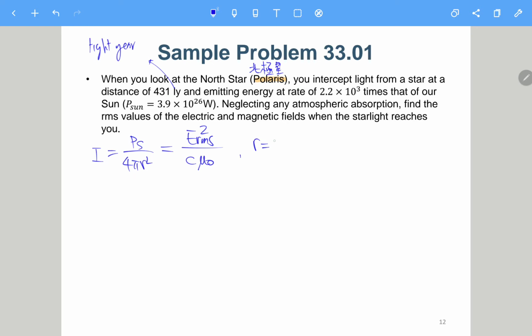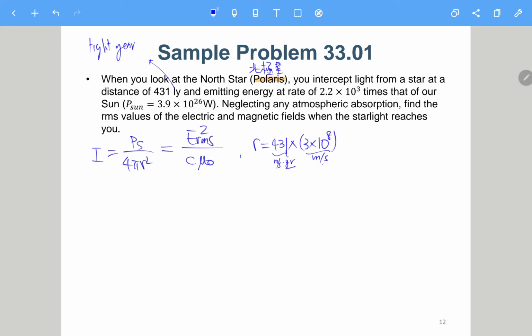So R is actually 431, and we need to multiply it by the speed of light, which is 3 times 10 to the 8th meters per second, and a light year is the speed of light multiplied by a year.